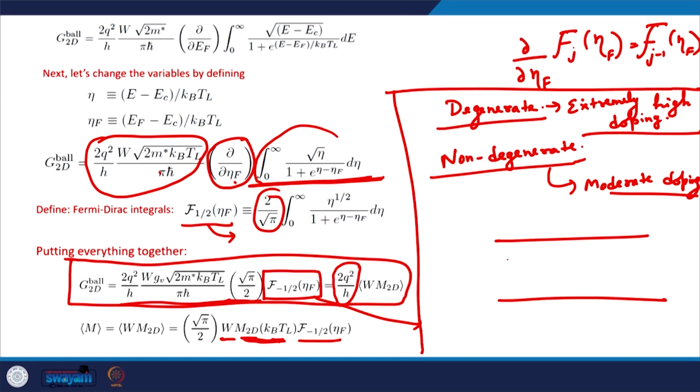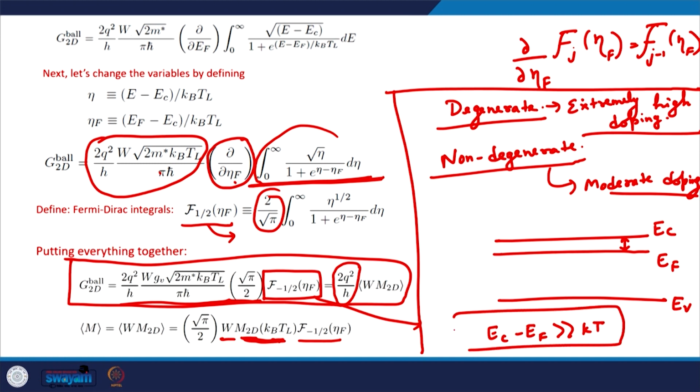So if this is the top of the valence band, this is the bottom of the conduction band, and this is the Fermi level, somewhere in between, then this kind of semiconductor is a non-degenerate semiconductor, because this distance, EC minus EF, is many kTs.